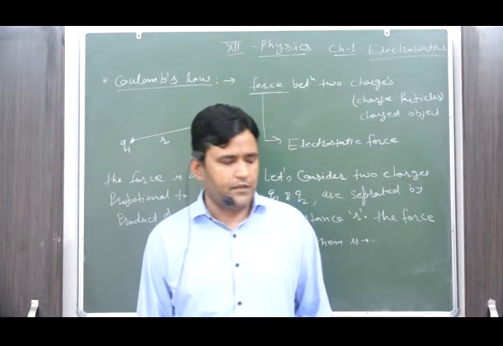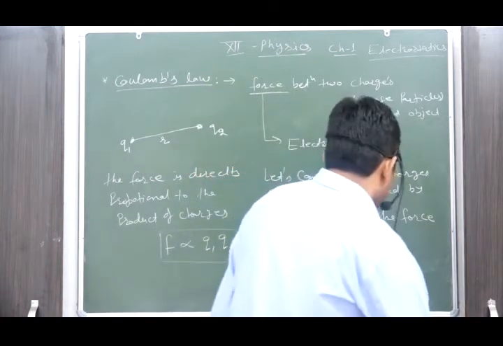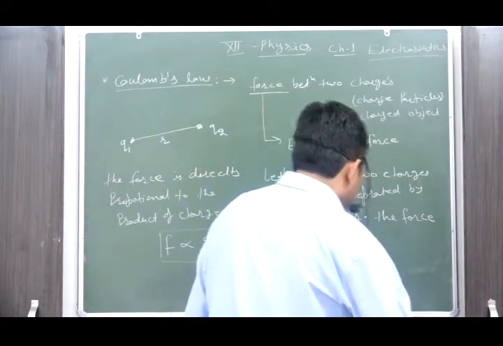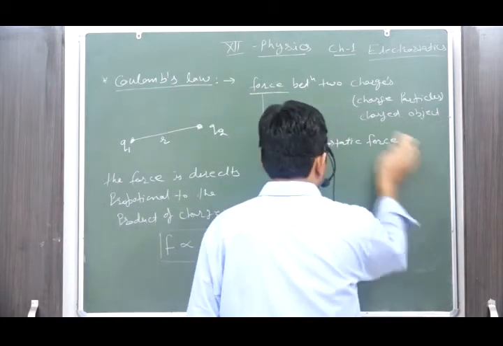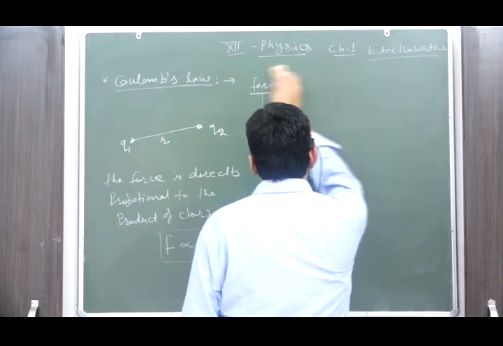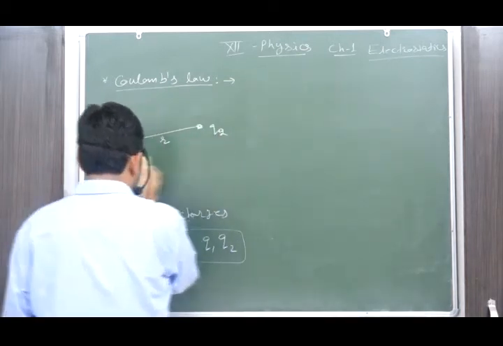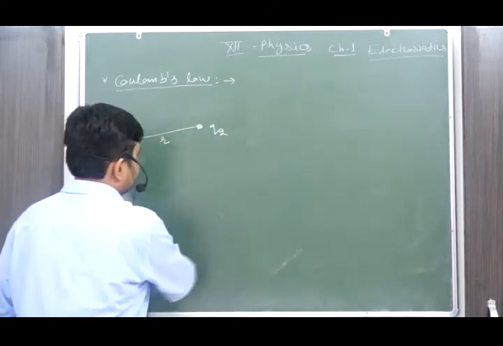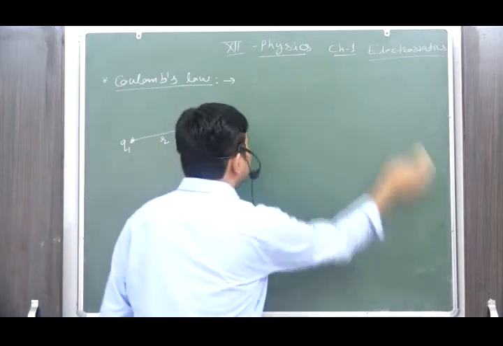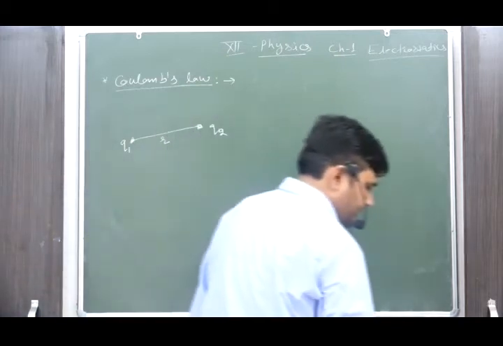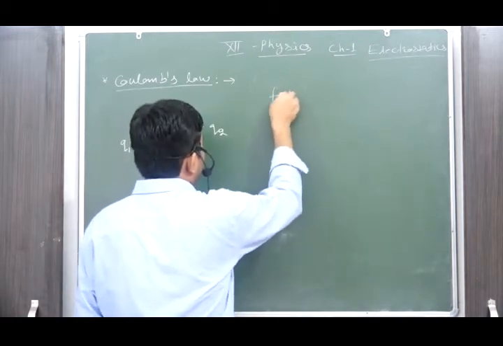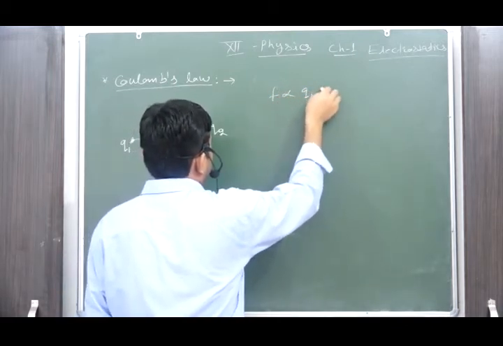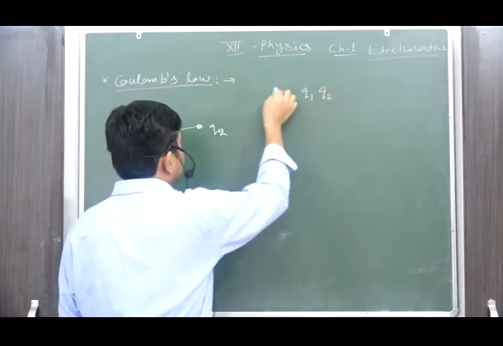Is it clear? Okay. Next we are moving on. The first formulation we write down is F directly proportional to Q1 Q2.